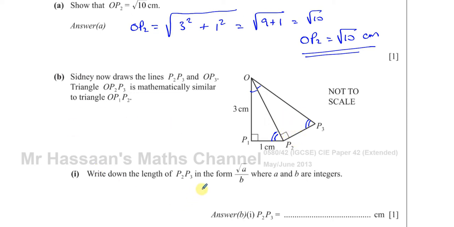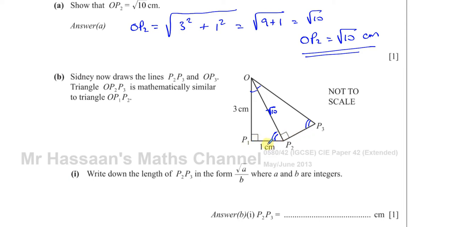It says write down the length of P2P3 in the form root A over B. Now we know this is root 10, we just calculated that this is the square root of 10. It says write down, which means not much calculation is involved. Now I know the ratio of the lengths of the sides is the same. So this length divided by that length will give me the same as this length divided by that length.